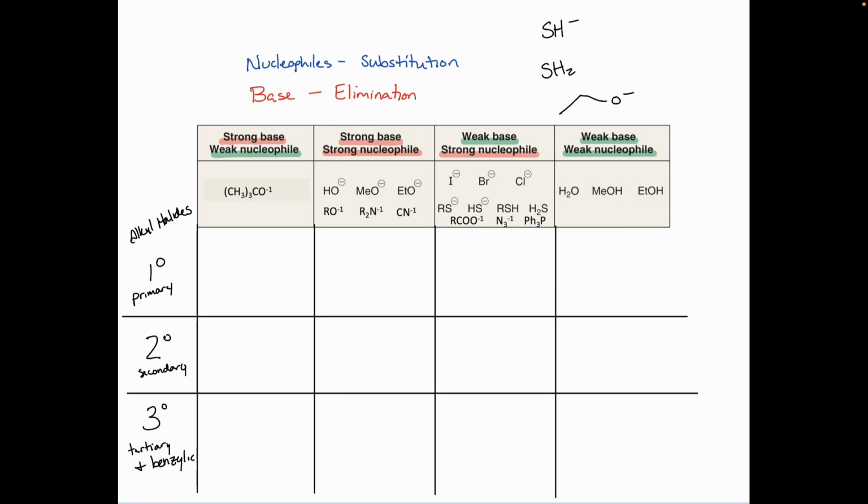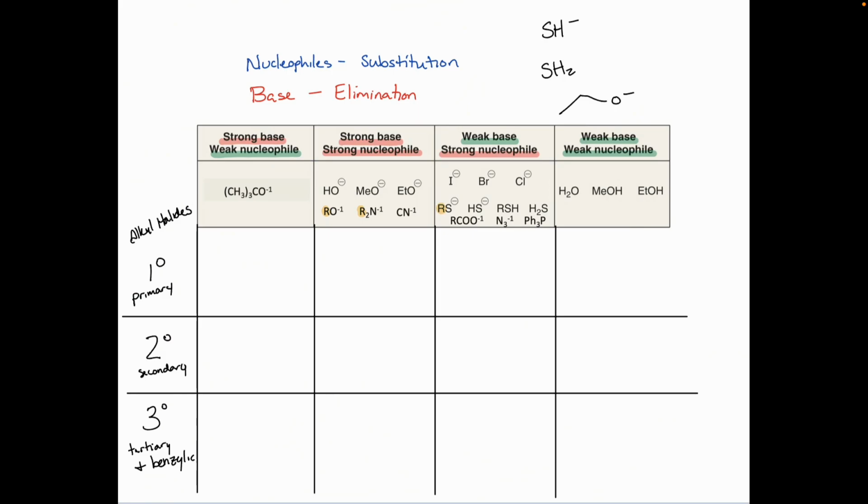All right, so let's take a second and see if we can't find these on our chart here. I see a bunch of R's. What do the R's mean? Stand-ins for carbons and hydrogens specifically, right?